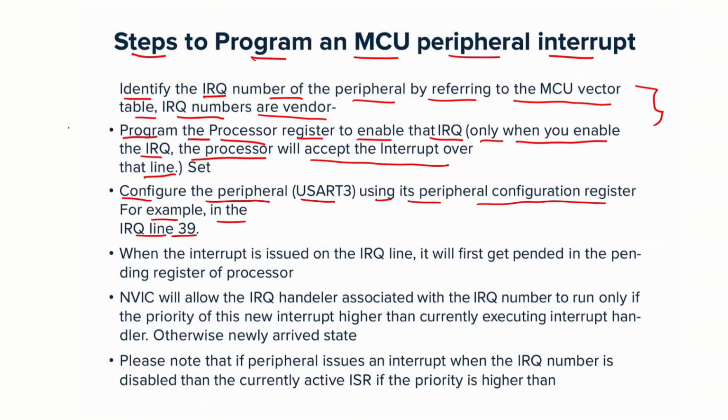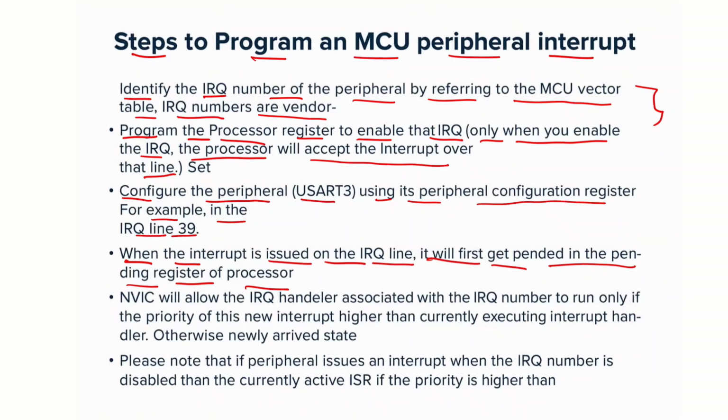Okay. And here, when the interrupt is issued on the IRQ line, it will get pended in the pending register of the processor. There is one register called the pending register. Whenever the interrupt triggers, the corresponding bit in the pending register will be set to 1. Suppose this is IRQ number 39.